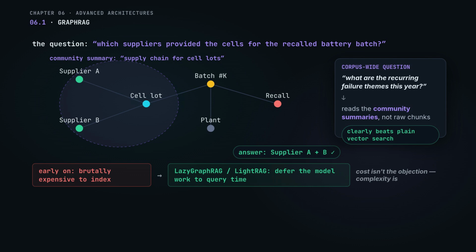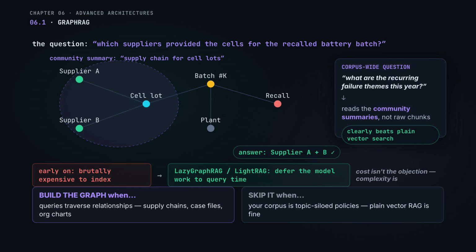So cost is no longer the real objection. Complexity is. So here's the rule. If your questions genuinely traverse relationships, think supply chains, case files, org charts, then build the graph. But if your corpus is just a pile of topic-siloed policies, then plain vector RAG was never your problem in the first place.